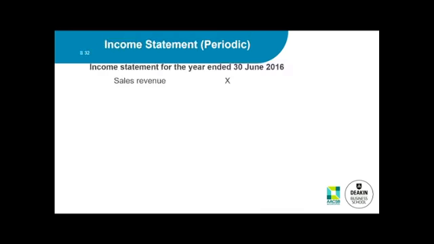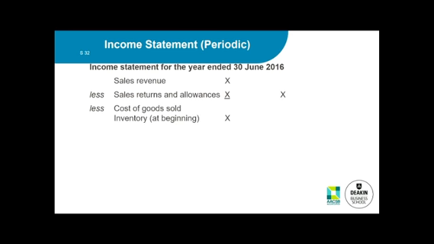So what does it look like in the income statement? This is where it's going to be really different from the perpetual system. You have sales, returns, and your allowances, and then you have your cost of goods sold. So how do you determine your cost of goods sold? Well, your opening inventory, plus your purchases that you had, less purchase returns, if you had any, less your closing inventory.